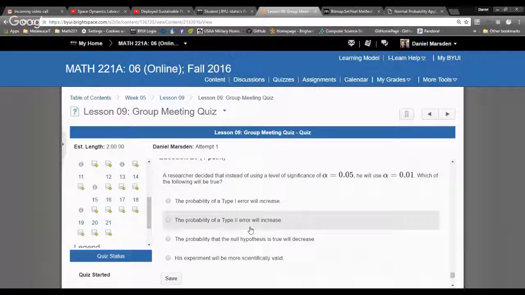Okay, so is that going to be C then? Probability that no hypothesis is true will decrease. I don't know exactly.